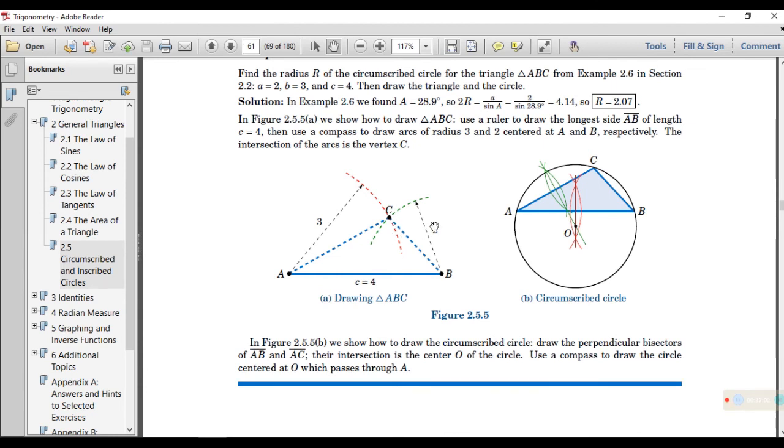But, the radius that is perpendicular with AB will intersect AB at 90 degrees.